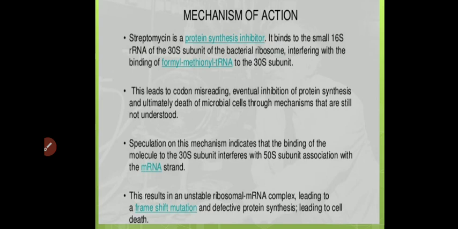It is also stated that if streptomycin binds to the 30S subunit, then the binding of the 50S subunit is also affected. This results in an unstable ribosomal mRNA complex.